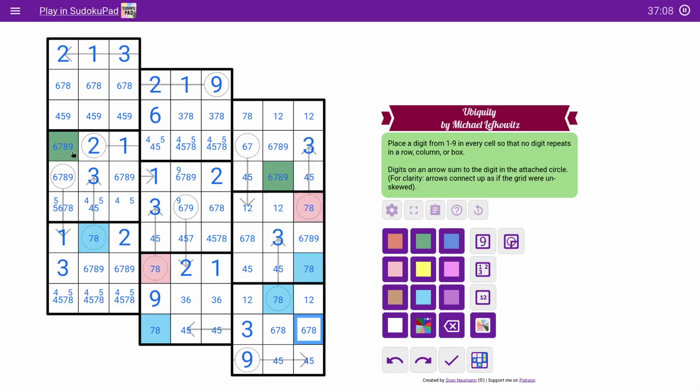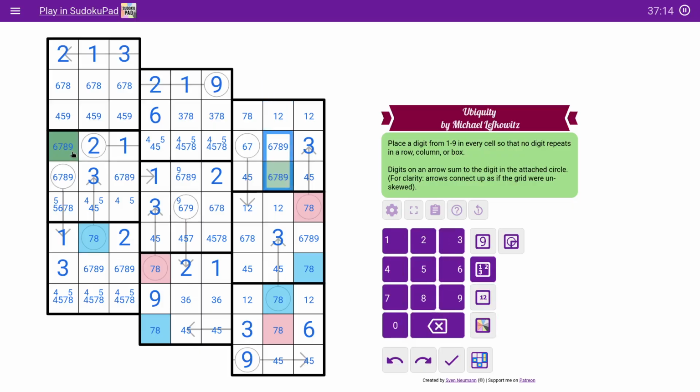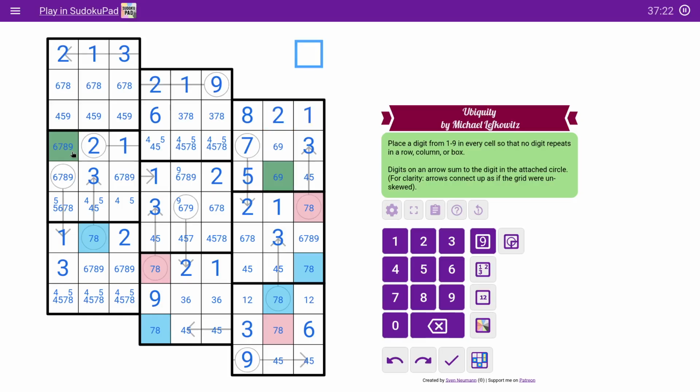So let's start coloring 7, 8s, huh? Six, 9, 7, 8. This does not feel right, but I'll take it.